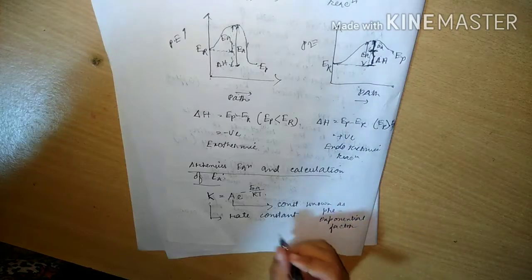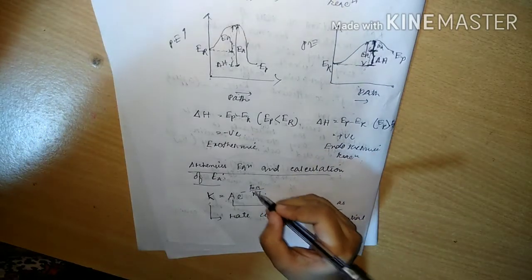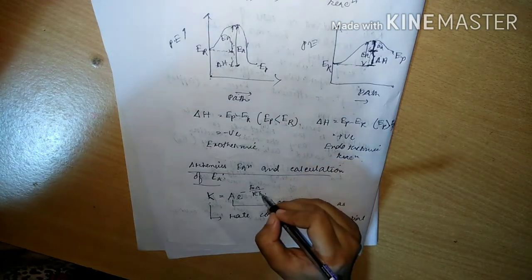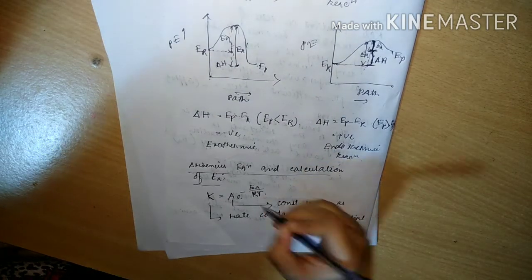EA is the activation energy. T is the temperature, and R is the universal gas constant.